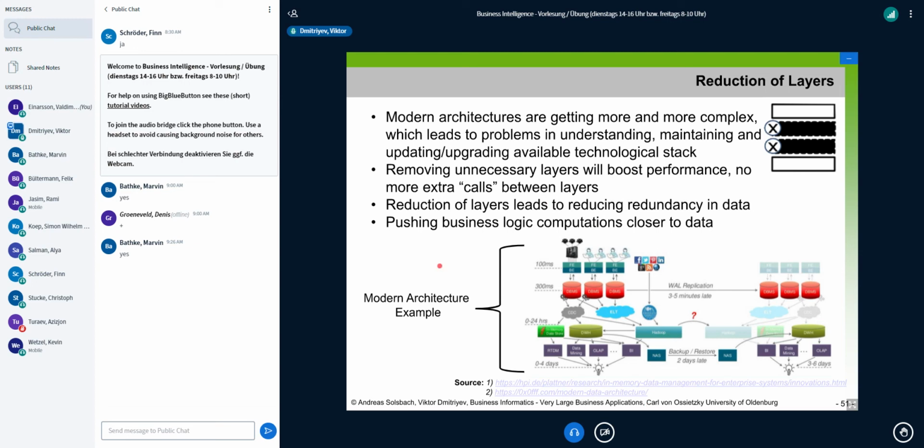So you see this architecture. This is also another view of how a modern architecture could look. On the top, you have some users that are just doing transactions, and you have some numbers here. Each transaction is going to be saved, so you see the transaction after 300 milliseconds inside your database. The database is a transactional database.